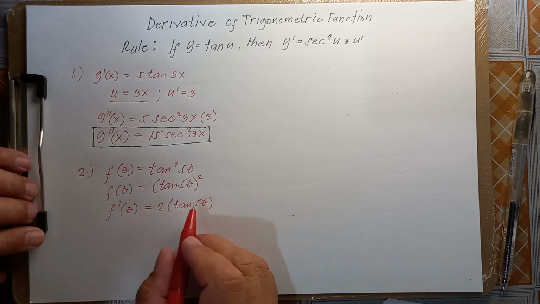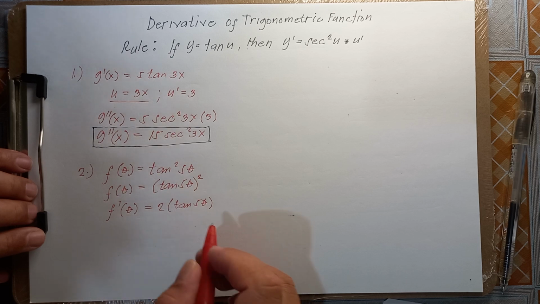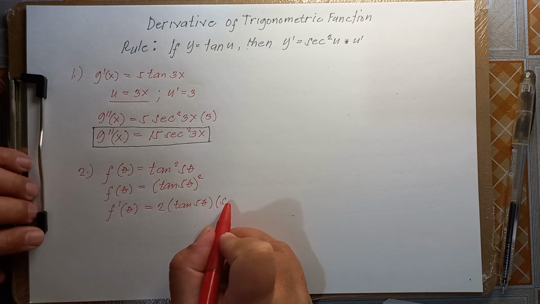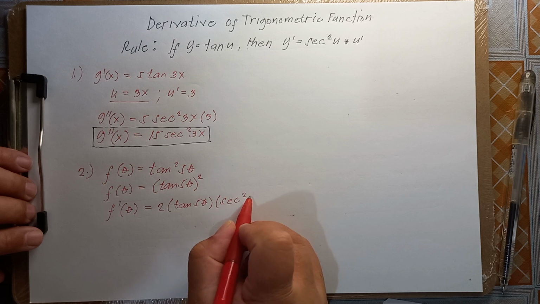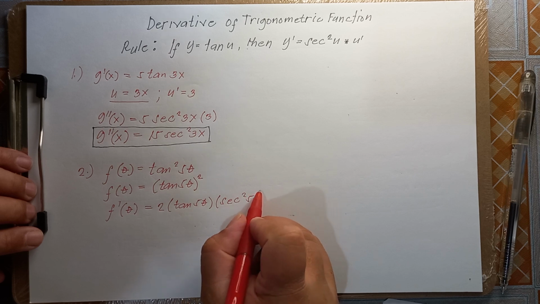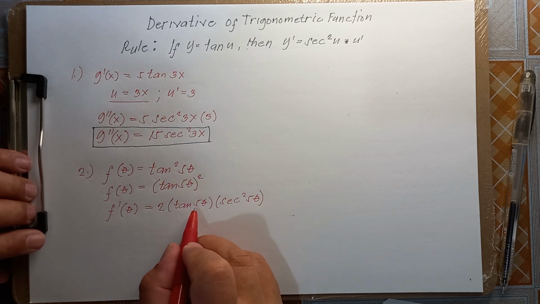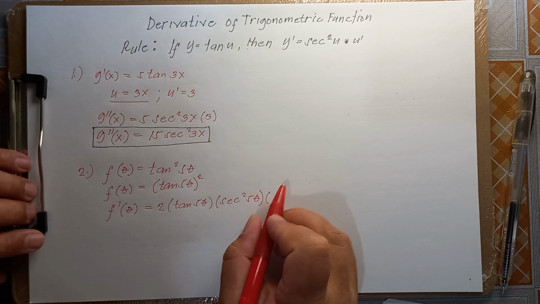Now, definitely, in the chain rule, we have to get the derivative of the term inside. So that is multiplied by secant squared 5 theta. And of course, we also have to get the derivative of 5 theta, so that is multiplied by 5.